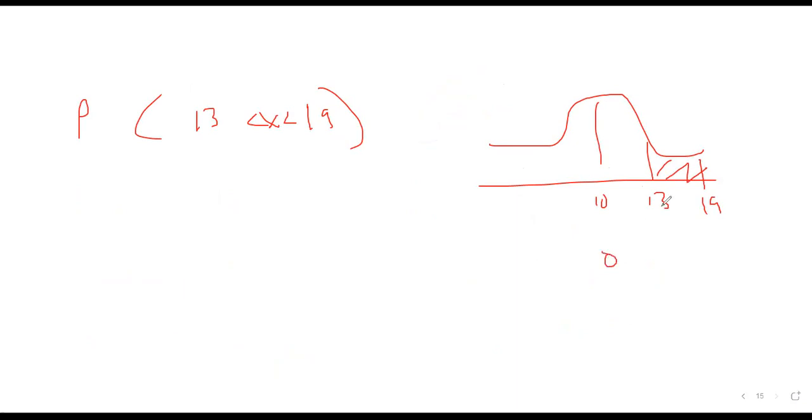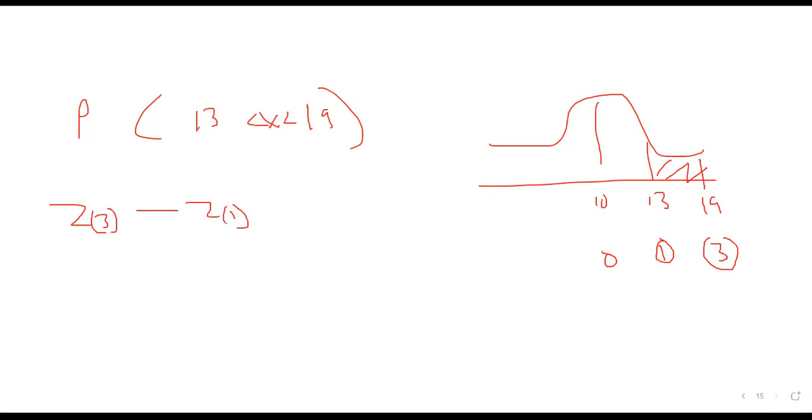So how do we standardize 13? 13 minus 10 is 3, 3 over 3 is 1. 19 minus 10 is 9, 9 over 3 is 3. So we're looking at the probability between 3 and 1. Simplifying, the probability for Z equal to 3 minus the probability of Z equal to 1.